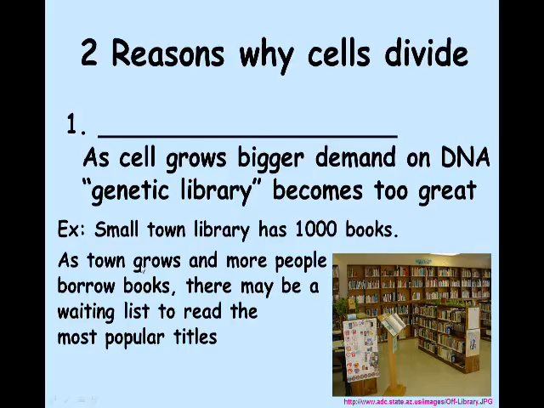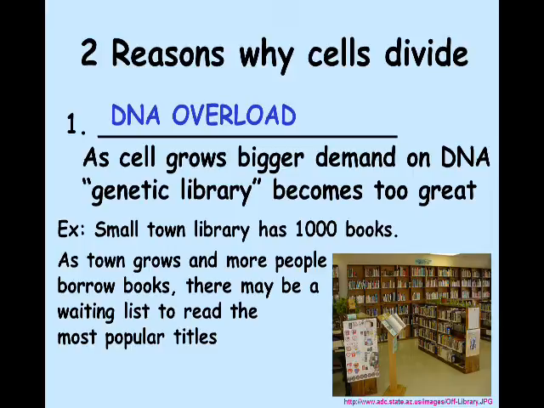One of the reasons that cells divide is something called DNA overload. As the cell gets bigger and bigger, the demand on the DNA to tell all the different parts what to do becomes greater and greater. Remember, the nucleus is the control center of our cell, and the DNA stored inside has the information to tell all the other cell parts what to do.